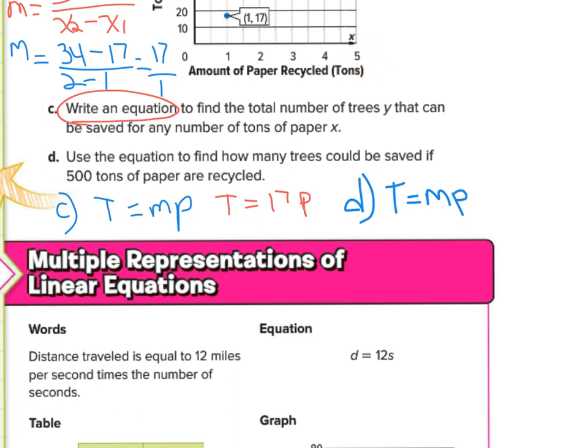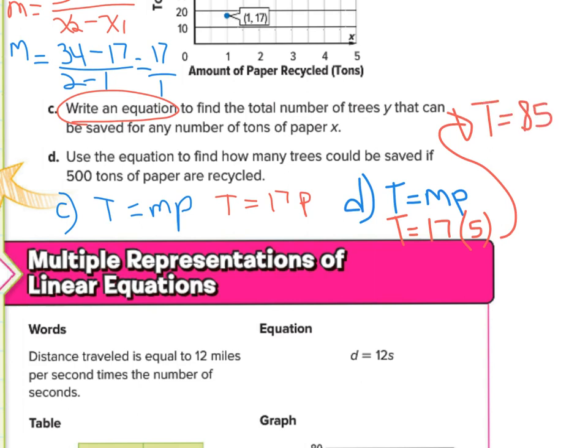I could do it like that, where I do T equals 17 times 5, or 500. I'll do times 5 because it's a lot simpler. And that would give me 85. And then I get my 2 zeros in there. Sorry, it's kind of hard, I can't write on the pink. It's going to be T equals 85.